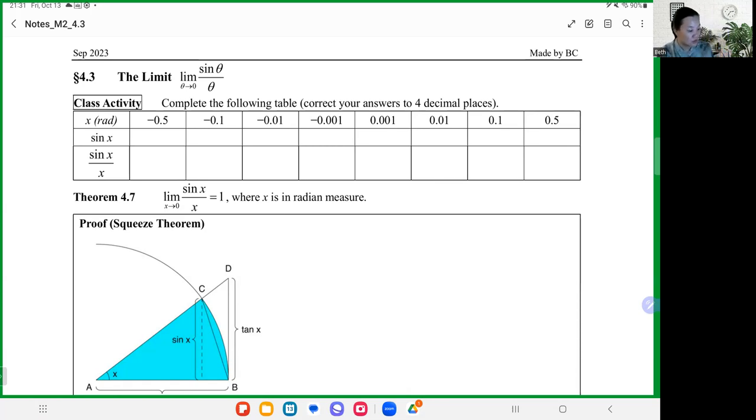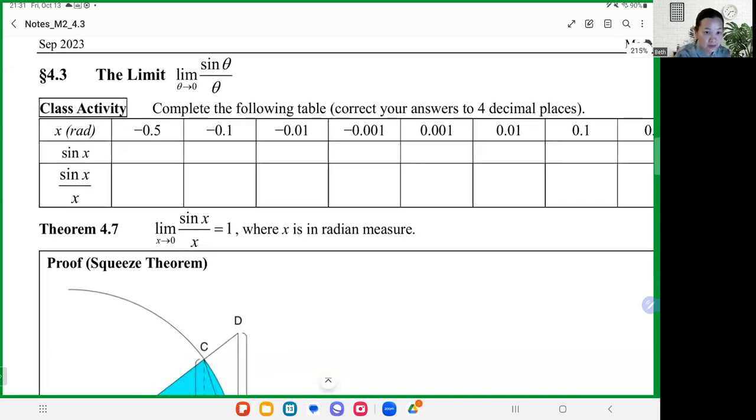The most important thing for trigonometric functions is this special limit.